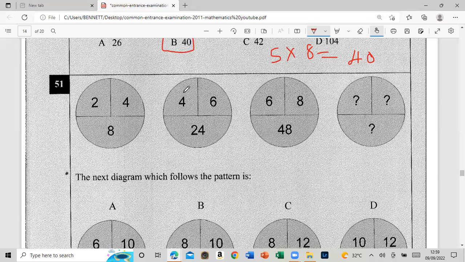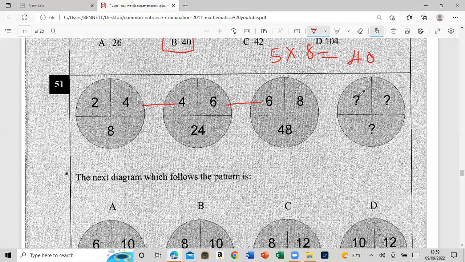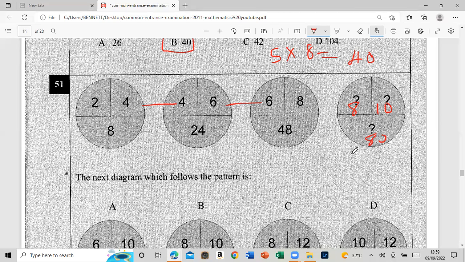So each time they write back the previous number. So look, it's a continuation. See the 4 and 4 there, 6 and 6. So you're going to start off with 8, add 2, that makes 10, right? And then 8 times 10. Let me see if it's that pattern. 2, 4, 8, 4, 6, 24. Start off with it. Yeah, definitely.